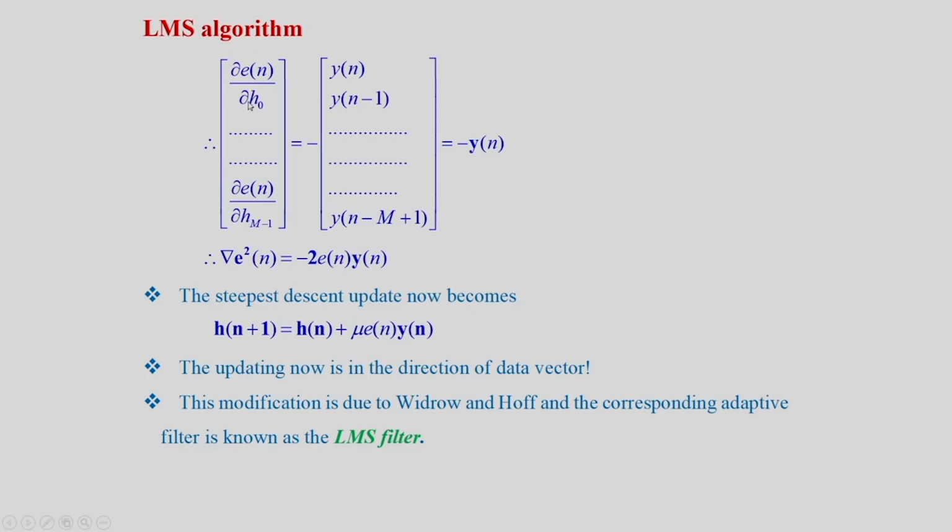The partial derivative vector is now given by negative of this vector y of n, y of n minus 1 up to y of n minus m plus 1, that is equal to minus yn vector. Therefore, the gradient of E squared n will be minus 2 times En into the yn vector.